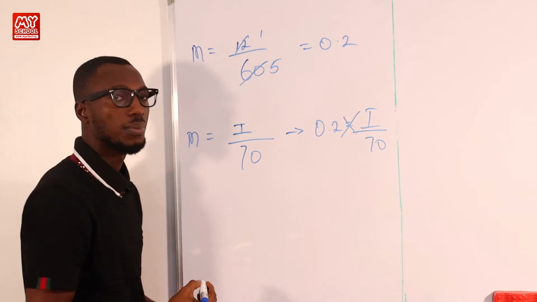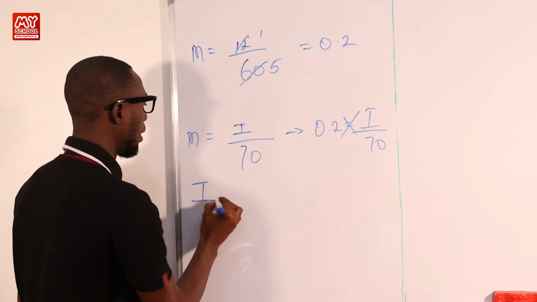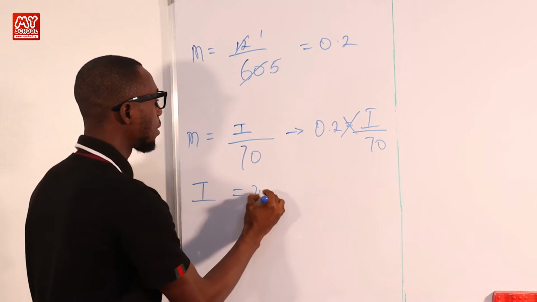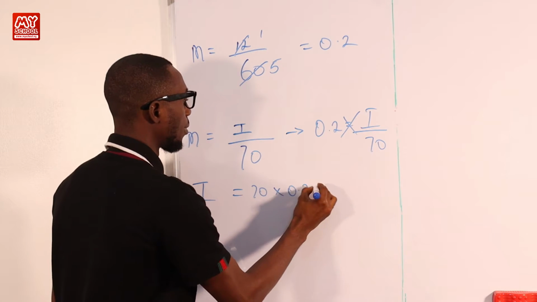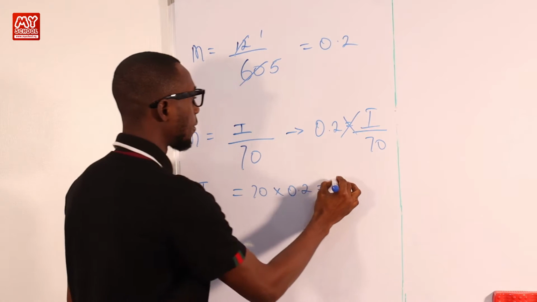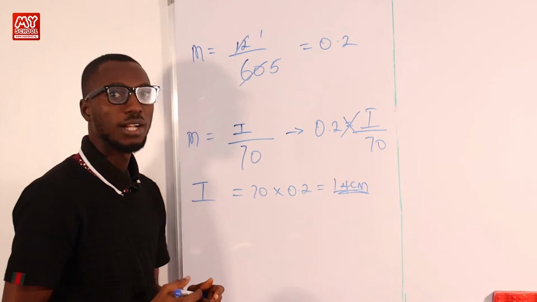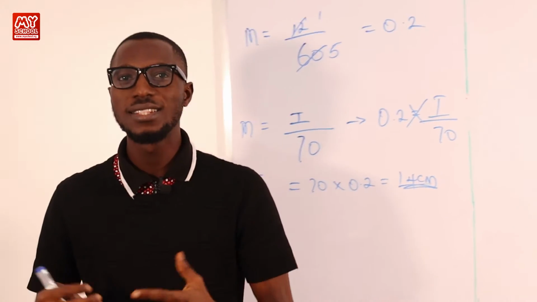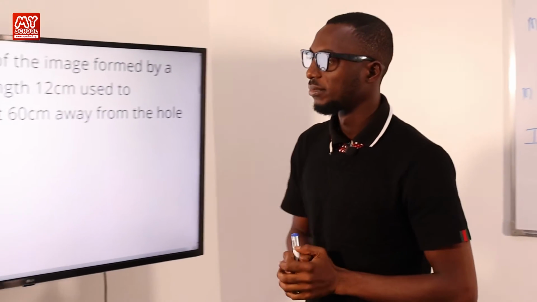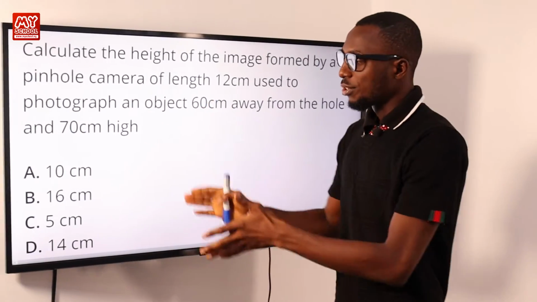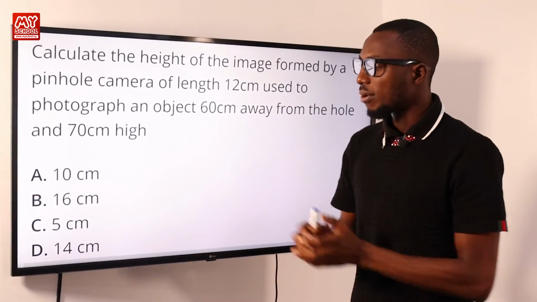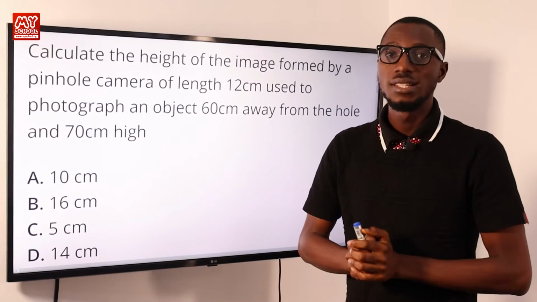By the time we cross multiply, we would have the image height equals 70 times 0.2, and that gives us 14 centimeter. So all we just have to do is to go back to our screen and select the correct option. Looking through all of the options, we confirm that option D, 14 centimeter, is the correct option.